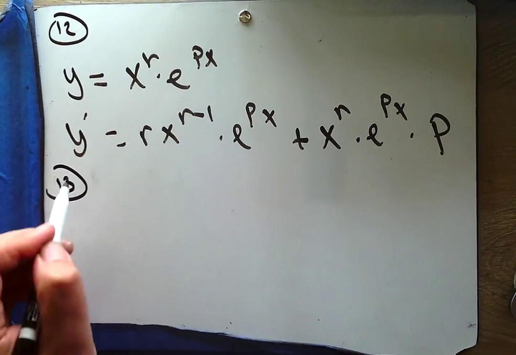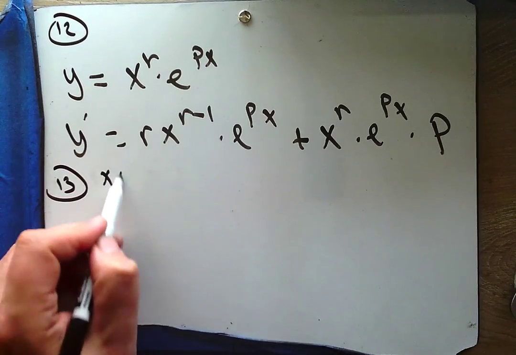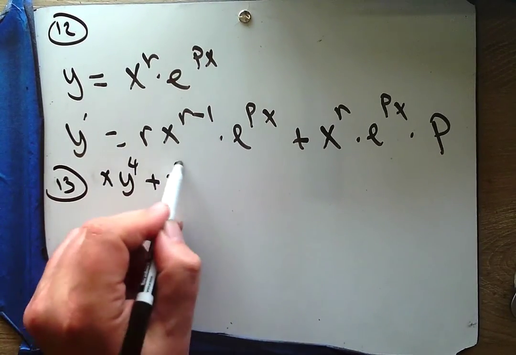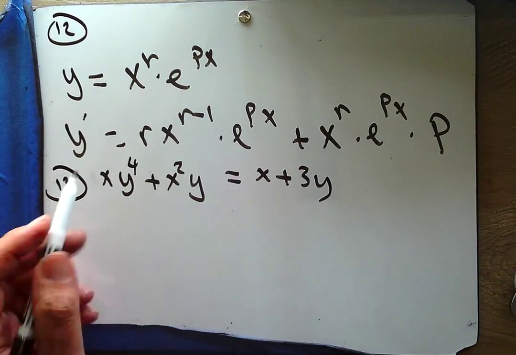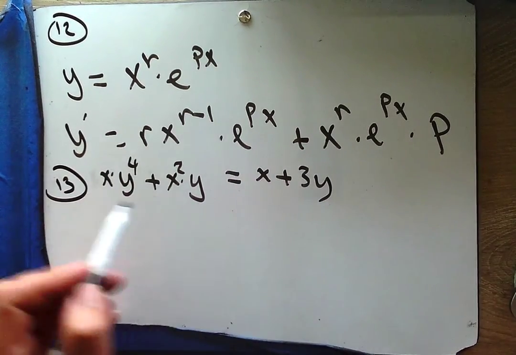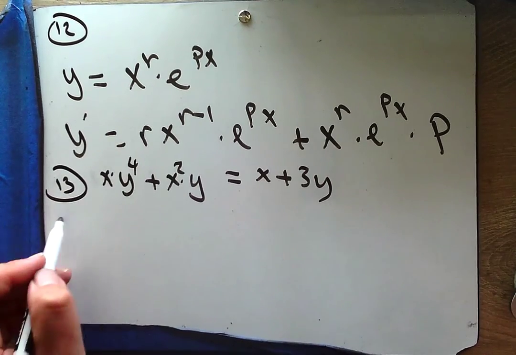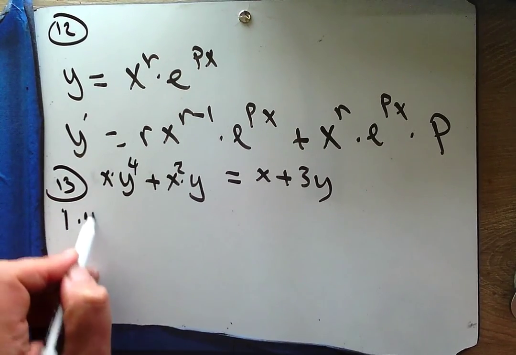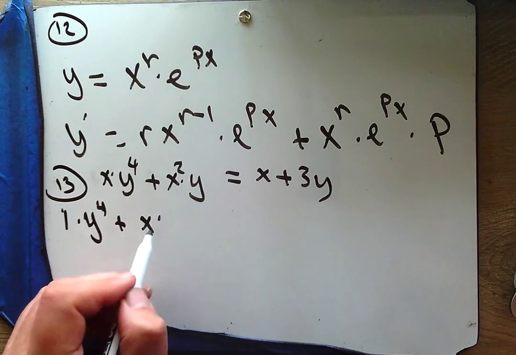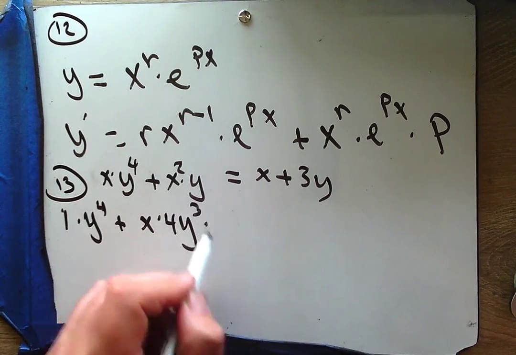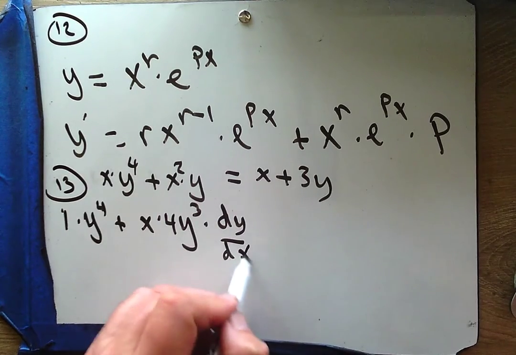How about 13? 13, we have x y to the fourth plus x squared y equals x plus 3y. Okay, product rule, let's go. We've got 1 times y to the fourth, plus x times 4y to the third, and don't forget the dy dx.